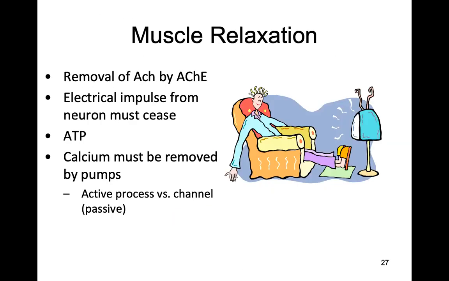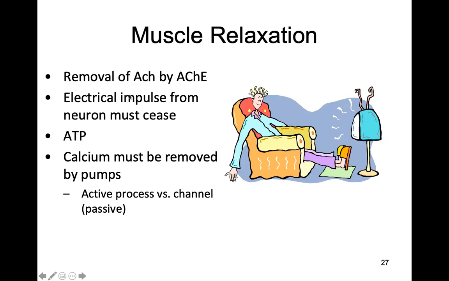It could be diffused out of the site of the synaptic cleft where the ACH was released originally, or it can literally be uptaken by the neuron to be used again later on. So it can be different means of ACH being removed, but again, the removal of ACH is what stops the muscle contraction.